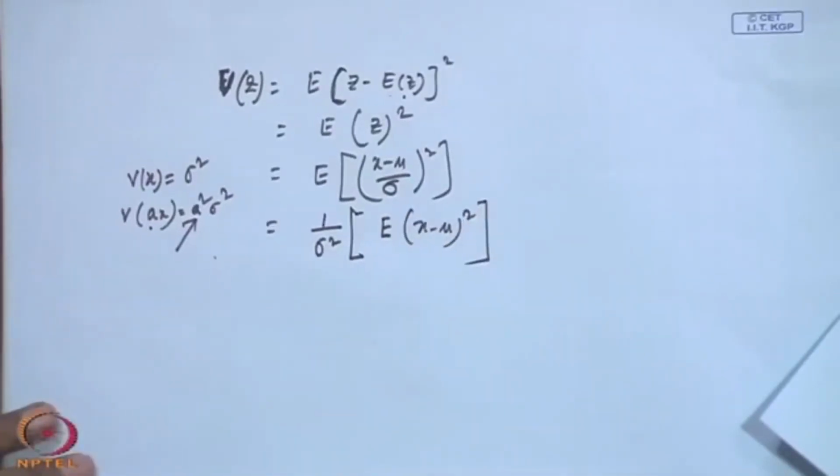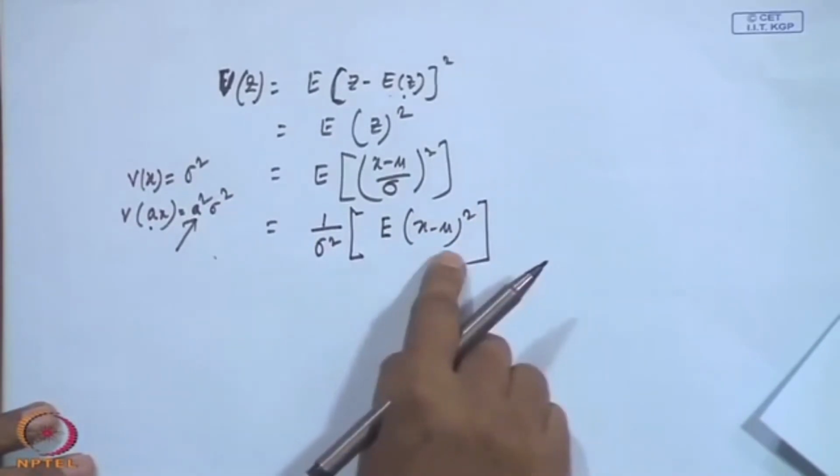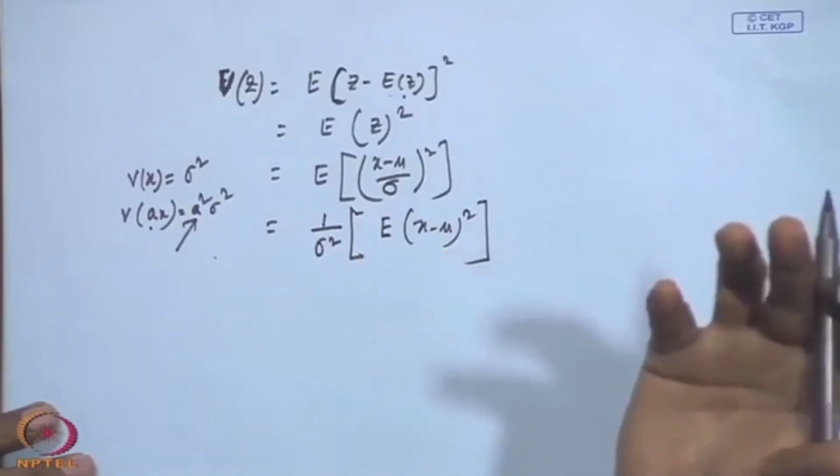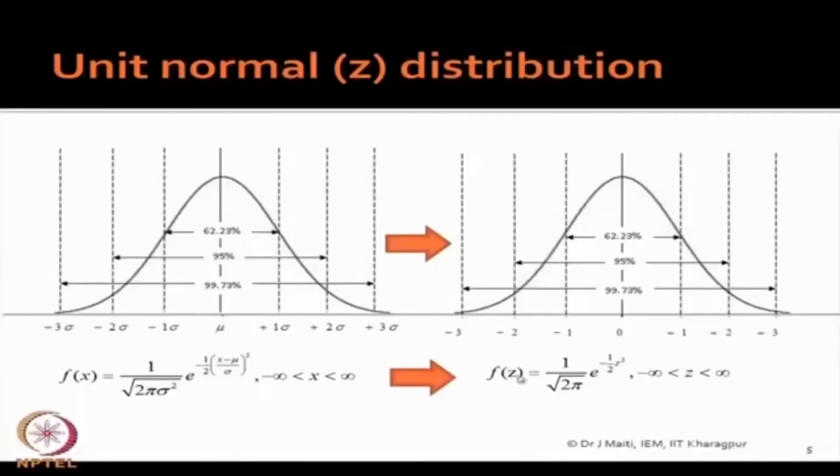What is this? The expected value of x minus mu square is sigma square. So, your sigma square by sigma square is 1. Now, come back to the slide again.